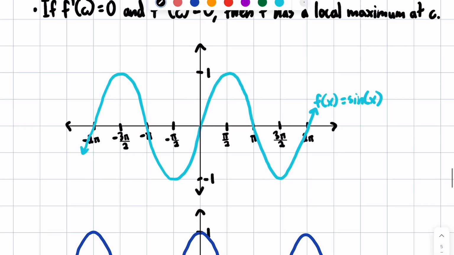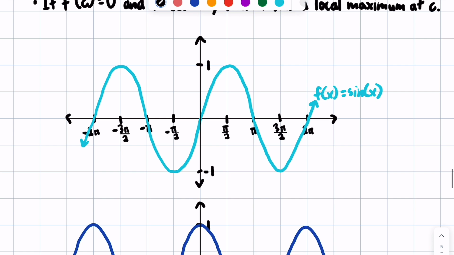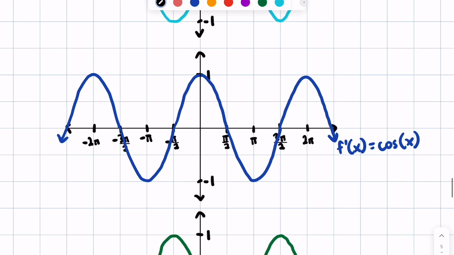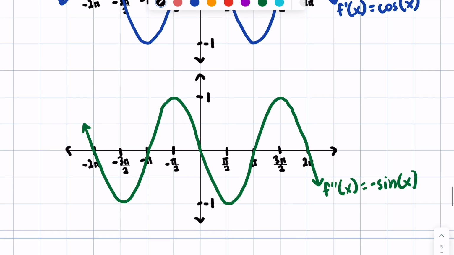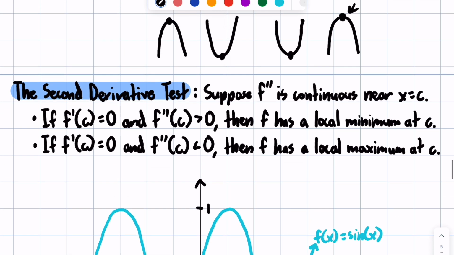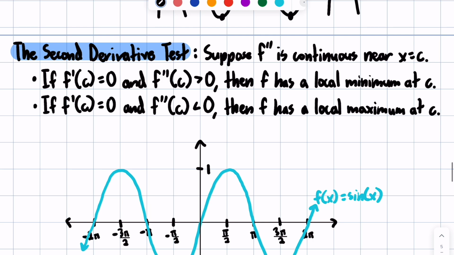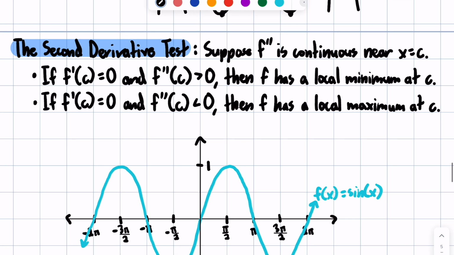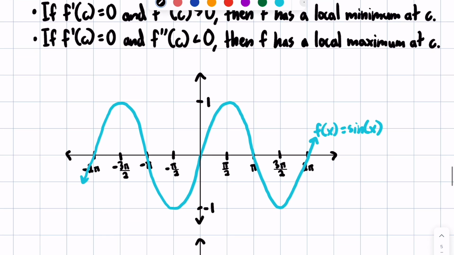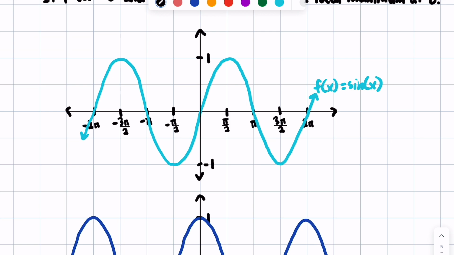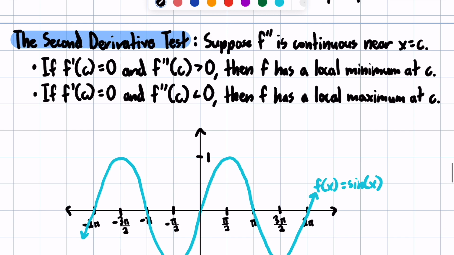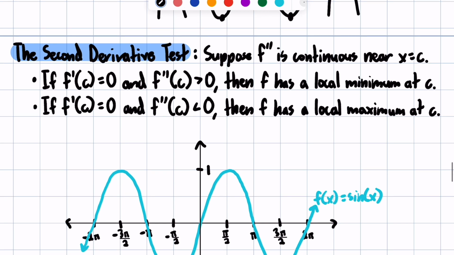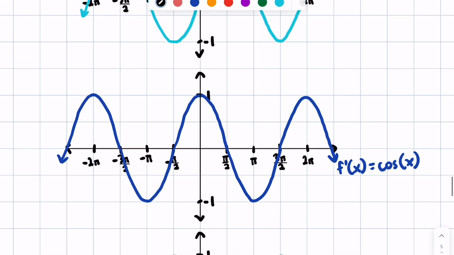So now I drew out sine x, that's our first function. The first derivative of it is cosine, and then the second derivative of it is negative sine. So let's use our second derivative test to figure out where the maxima and minima of sine are going to be in this domain. So the first thing we have to do is see where is f prime of c equal to 0, right? What are our critical points?